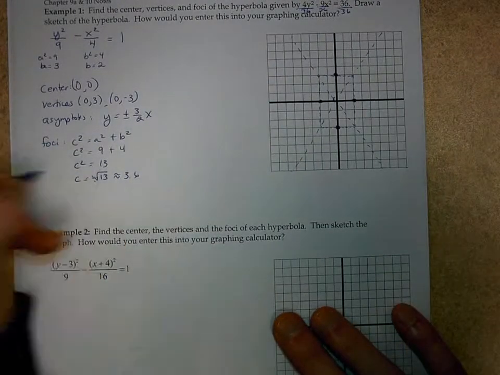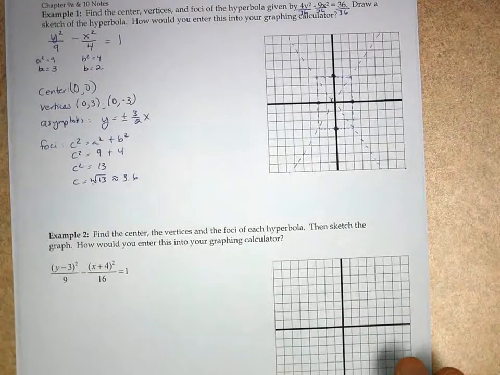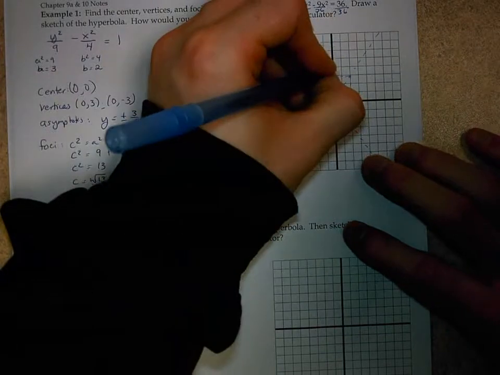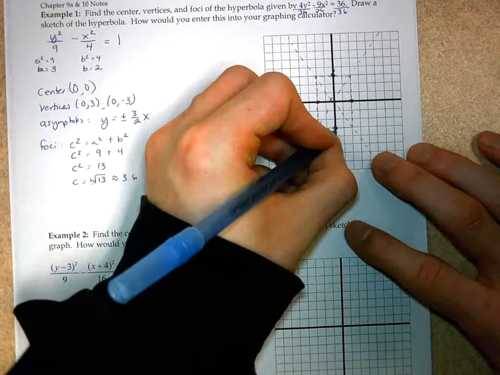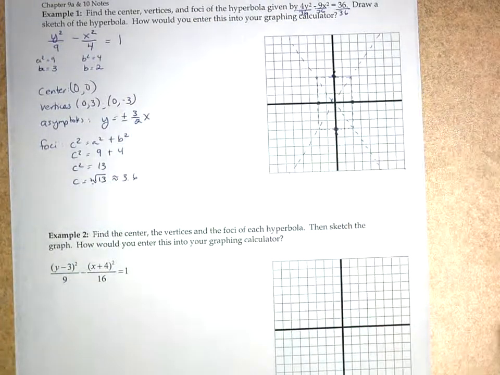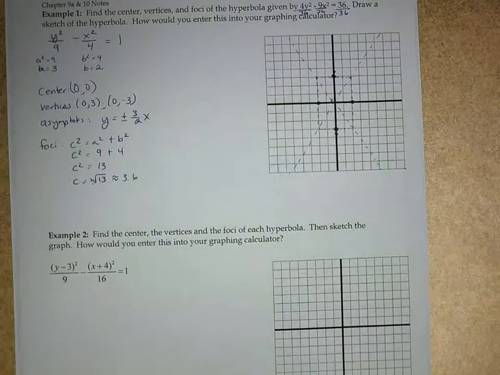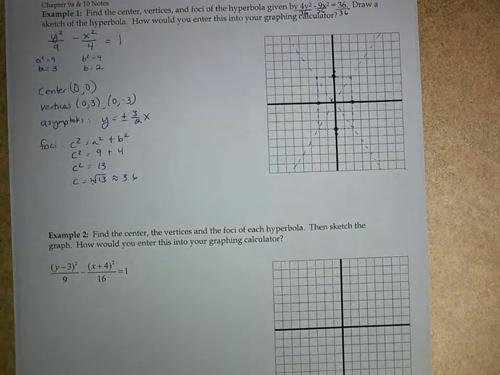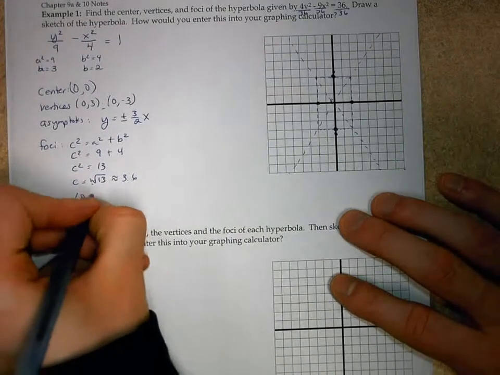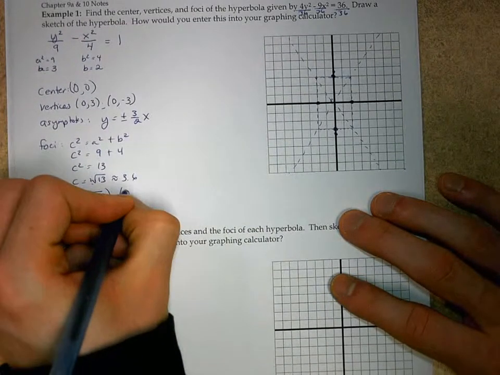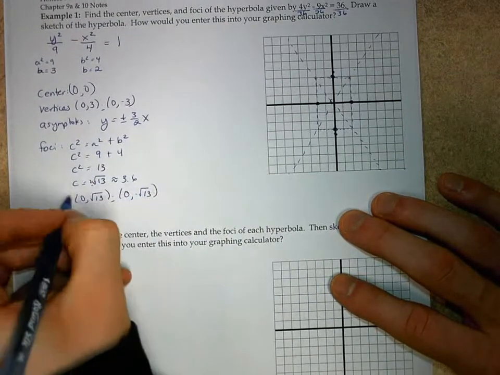That's where that plus or minus comes in. So about right there would be my foci, and right there, a little more than my 3 units. And the ordered pair for that would be 0, square root of 13 and 0, negative square root of 13.